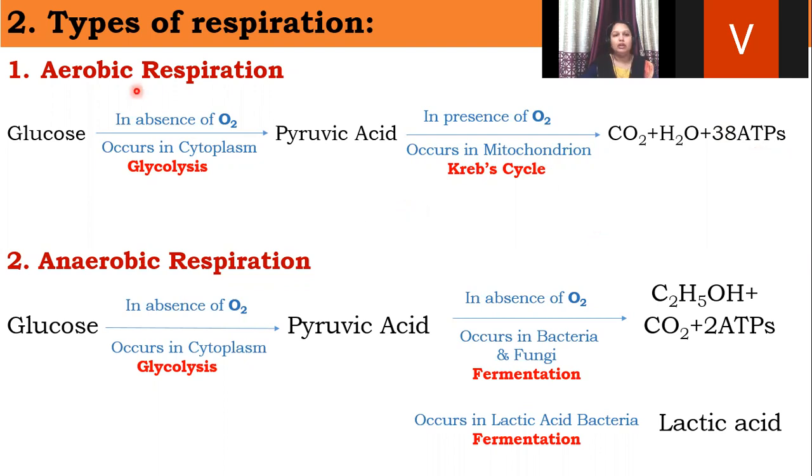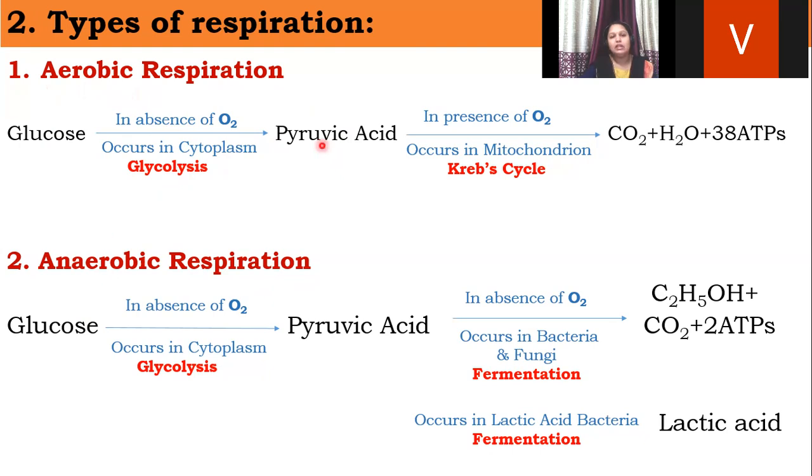Okay, clear to all what the types of respiration are? There are two types of respiration: aerobic respiration and anaerobic respiration. Aerobic respiration takes place in presence of O2, and anaerobic respiration takes place in absence of O2. In aerobic respiration, the glucose is first converted into pyruvic acid. In absence of O2, remember, this process occurs in the cytoplasm and is termed glycolysis.